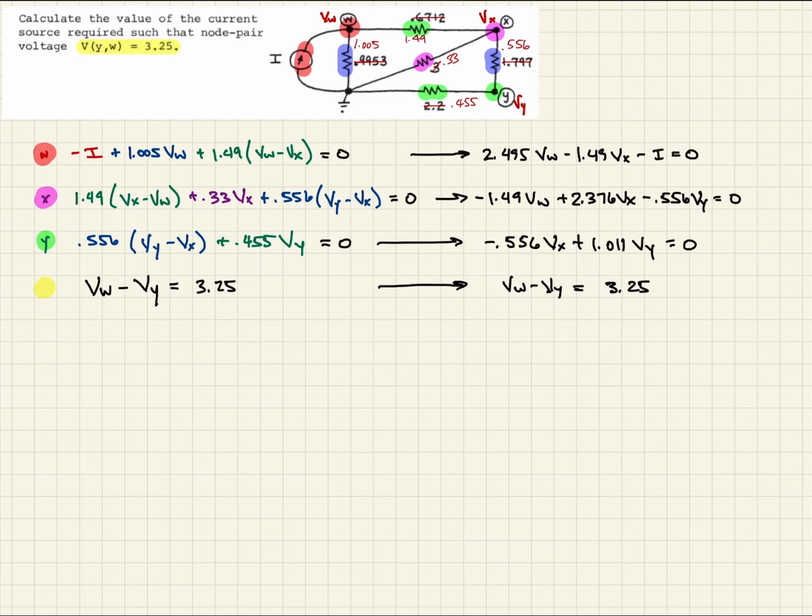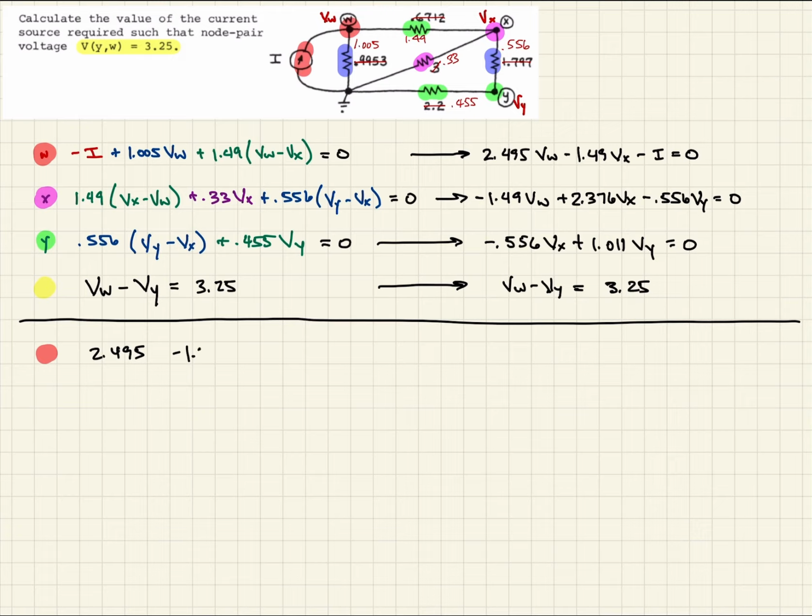So for our red, and let's distinguish this here, let's draw a line here. And now let's come back and say for the red equation, what we're going to have is 2.495, minus 1.49, 0, and minus 1.